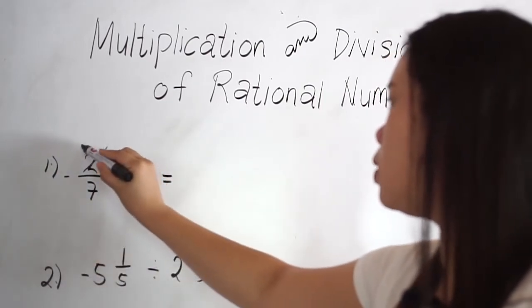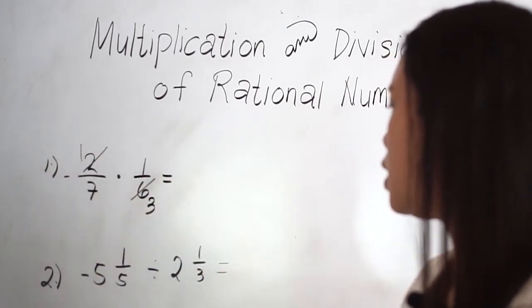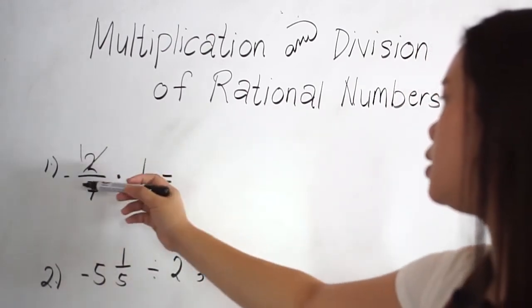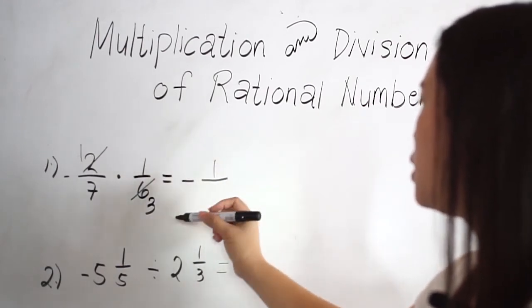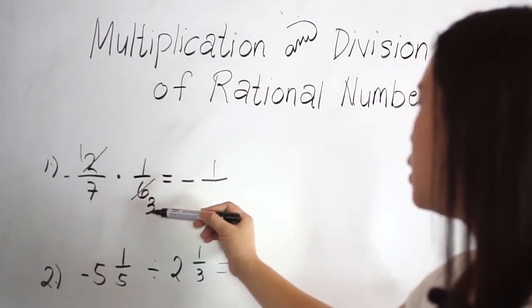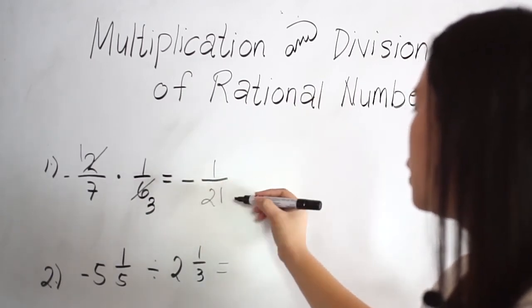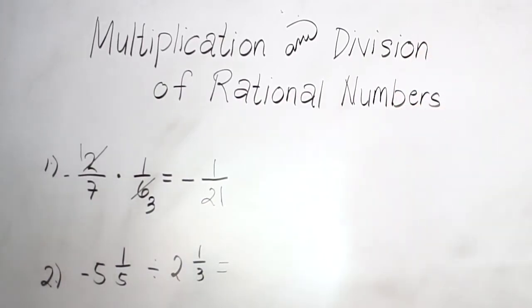So, 2 becomes 1 and 6 becomes 3. So, 1 times 1, 1 times negative 1, 1. Then 7 times 3 is 21. So, your answer is negative 1 over 21.